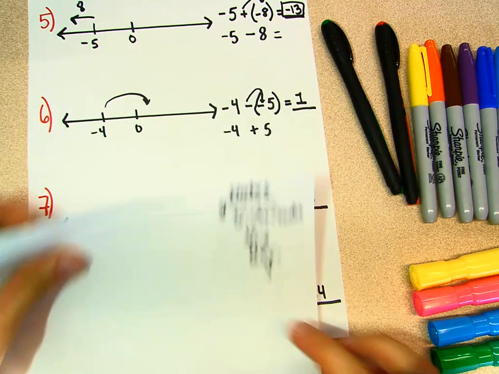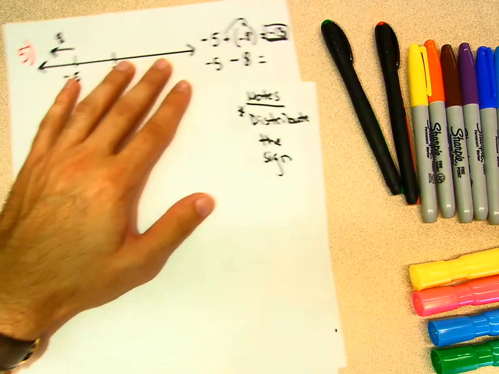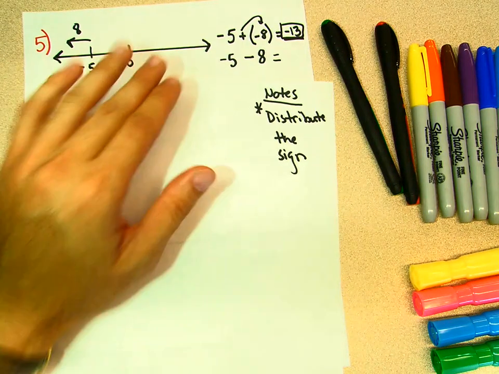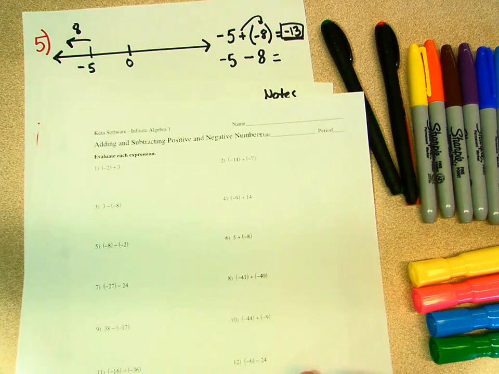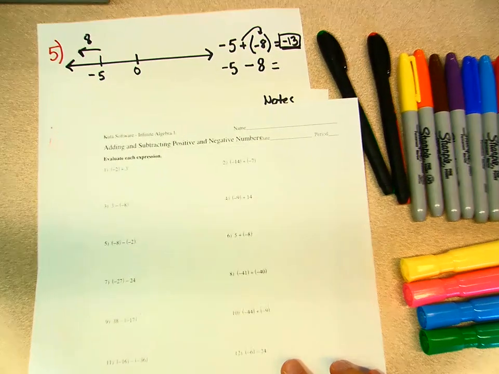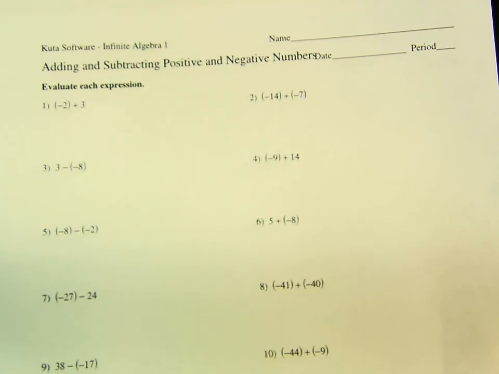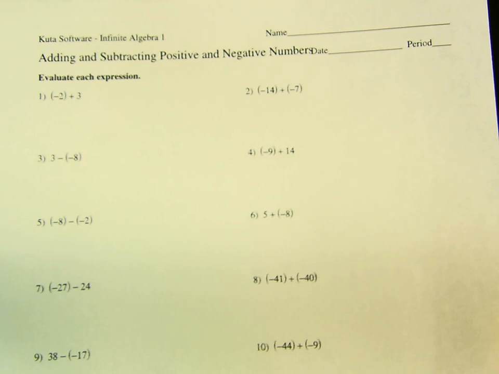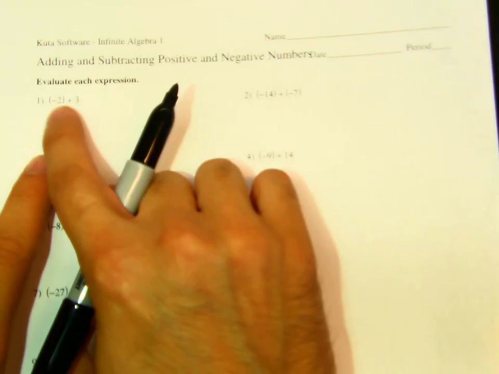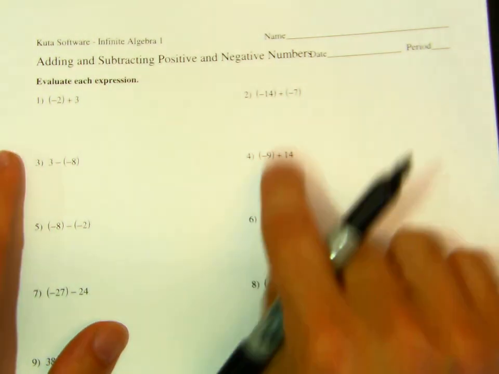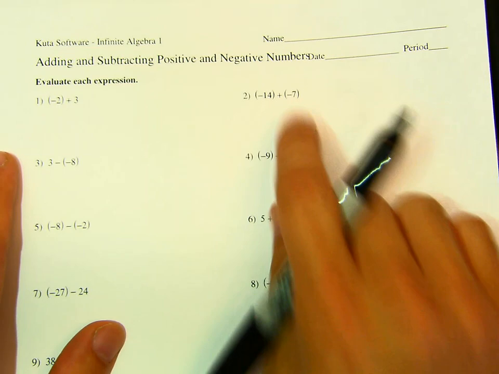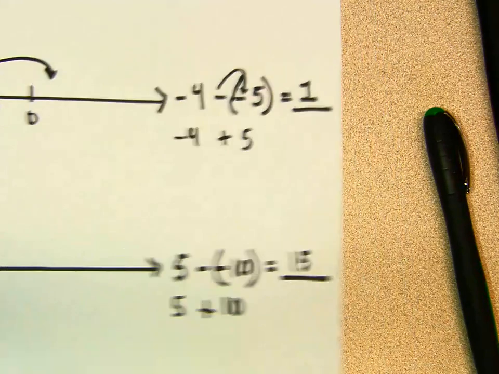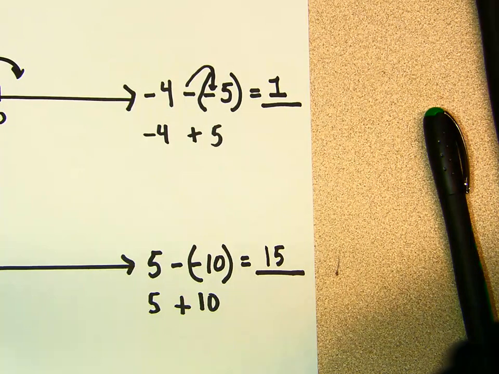Okay? I hope this video helped you guys. What I want you to do is work on this worksheet I have for you, right? It says negative 2 plus 3. Negative 14 plus negative 7. I want you to use the skills we have learned throughout this video.